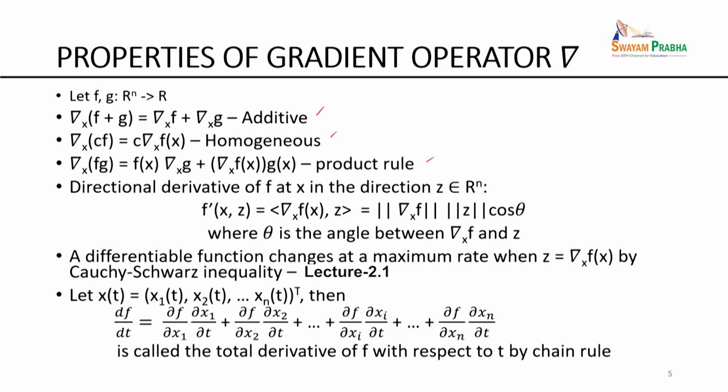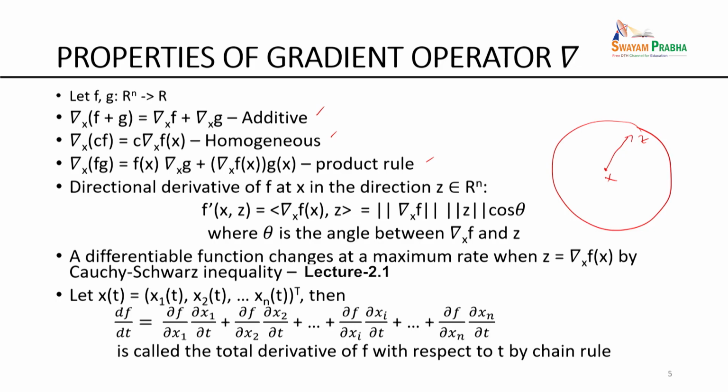Now I'm going to define what's called the directional derivative of f at the point x in the direction z. That means I have a domain, I have a point x, and now I'm fixing a direction z. Now the question I want to ask myself: what is the rate of change of this function along the direction?